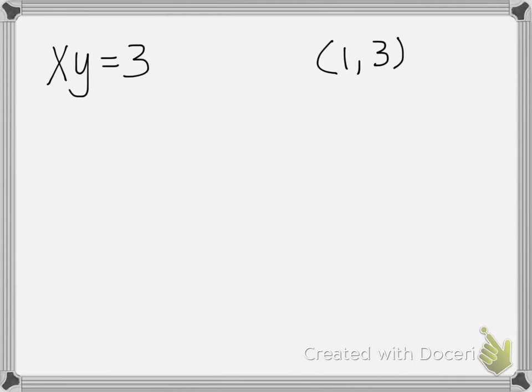Alright, so to start out with, we're going to have to take the derivative. And since we have two variables, our x and our y, that's basically saying the product rule.